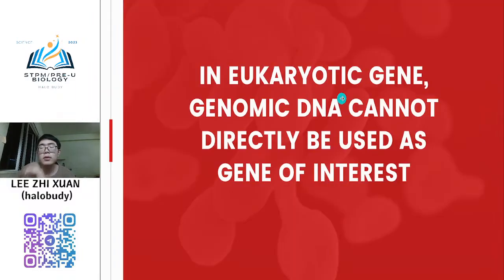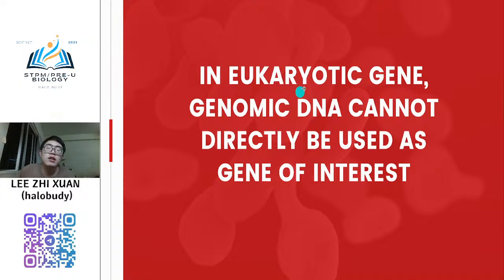So normally before we proceed to the application, if you want to isolate a gene of interest, especially a eukaryotic gene, like an animal gene, human gene, or fungi gene, all these eukaryotic genes, compared to prokaryotic genes, are more complicated and longer.